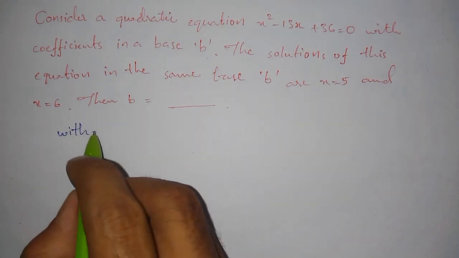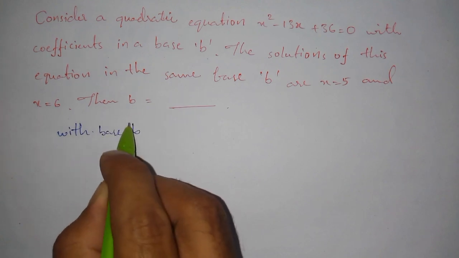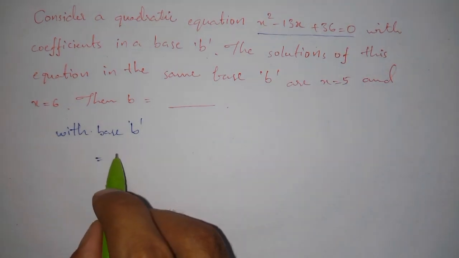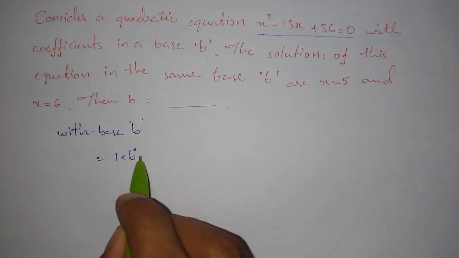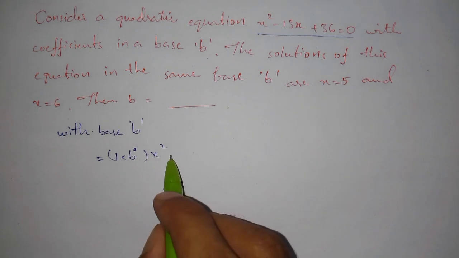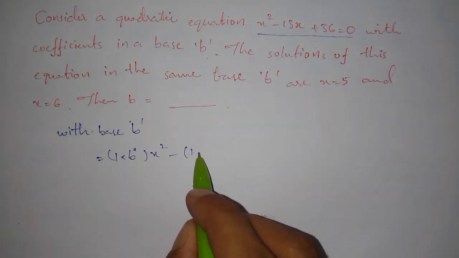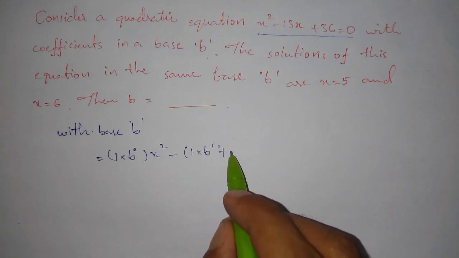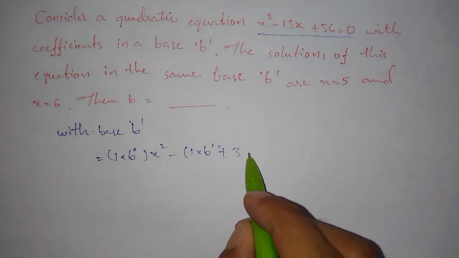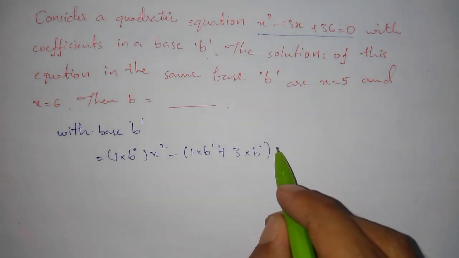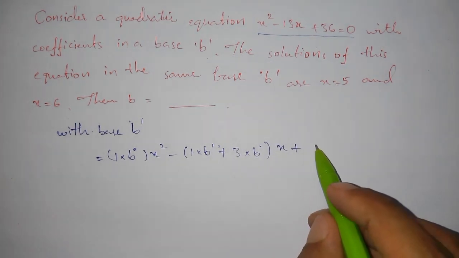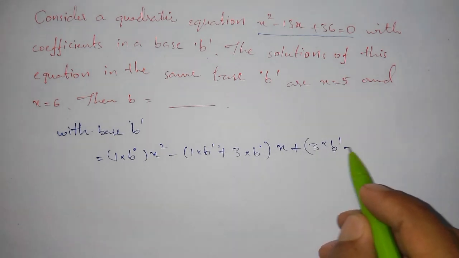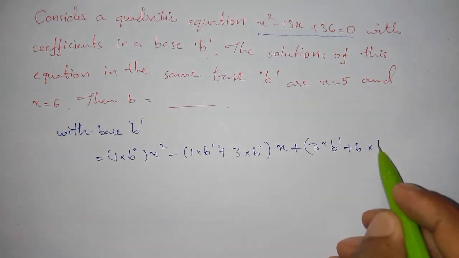With base b, the equation will change like this: 1 × b⁰ x² − (1 × b¹ + 3 × b⁰) x + (3 × b¹ + 6 × b⁰).